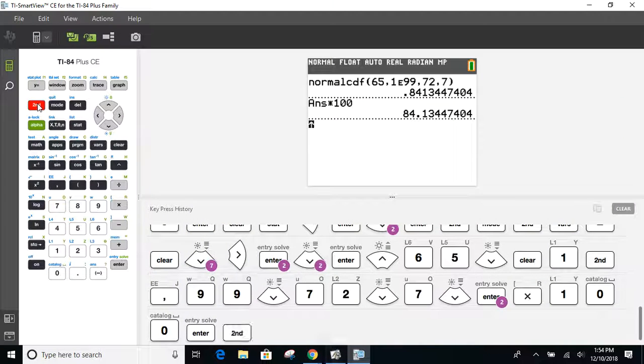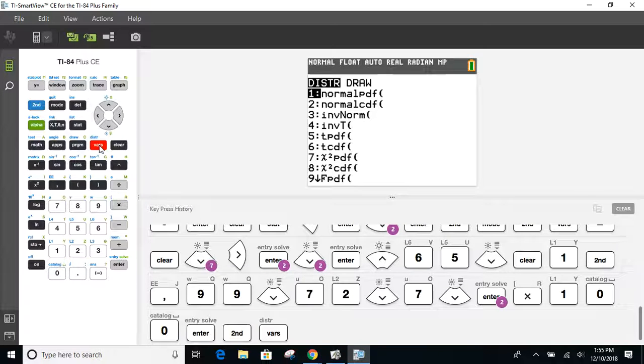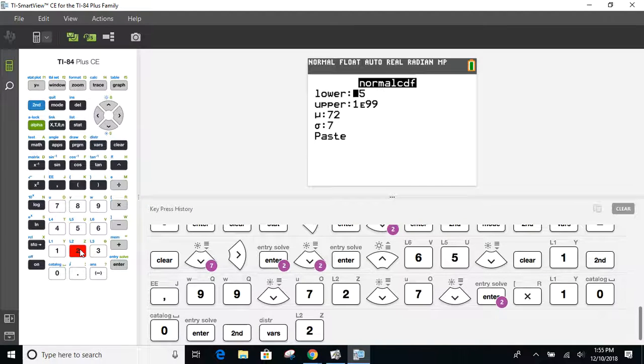Ready? So second VARS, normal CDF. Now, there's no lower bound, is there? And you just can't say, oh, it's an SAT, so I'll just put in 0. No. We've got to go as low as we can go. If high as we can go is 1E99, negative 1E99 is as low as we can go.